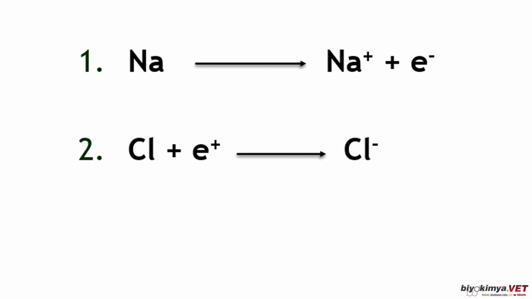Ionic bonding occurs in two stages, actually. In the first stage, the ions attract each other according to the basic rules of electrostatics, and cations and anions occur, as you see here, the sodium cation and the chlorine anion.